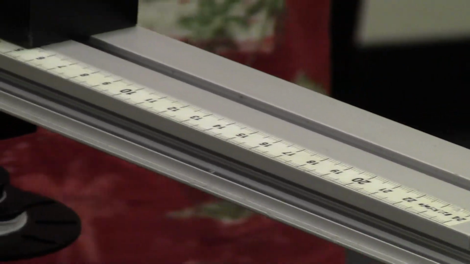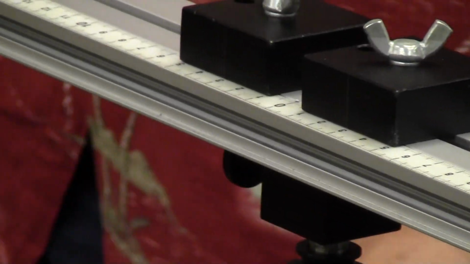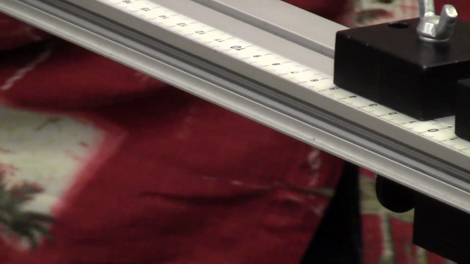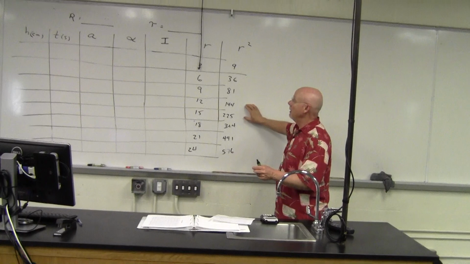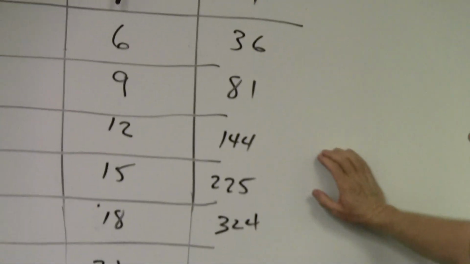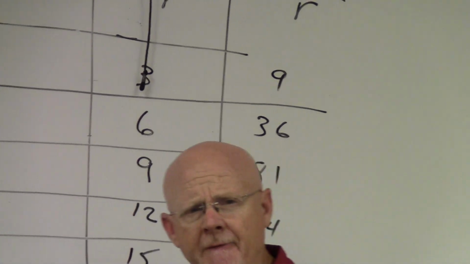And so we're going to try to see, as I said, if the moment of inertia is increasing, decreasing, or staying the same. And as I've already told you, it should be increasing. And it should be increasing in relationship to the square. So we'll do that with our graphs, and you'll begin to see why they have the little r squared here.